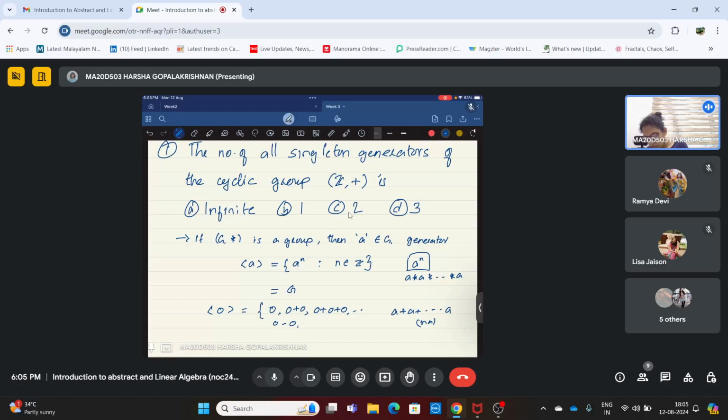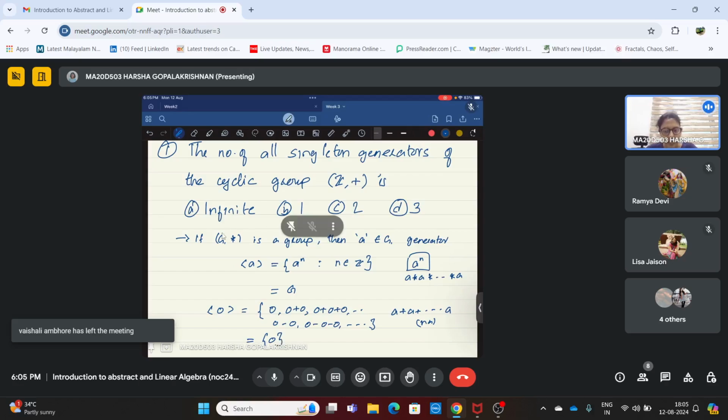All things like this will come. So this just gives the element 0 only, so it is not a generator. If 0 gave all the elements of G under this operation, 0 power n, then it would be a generator.